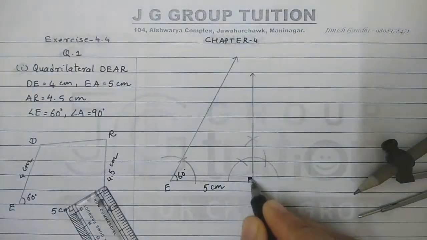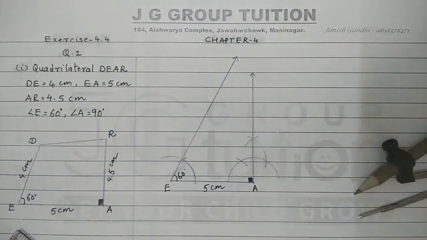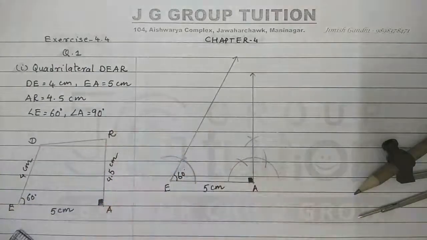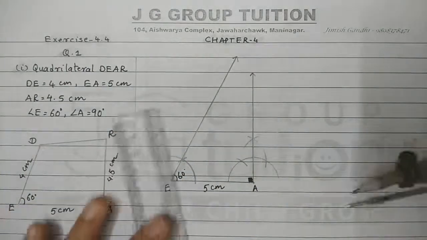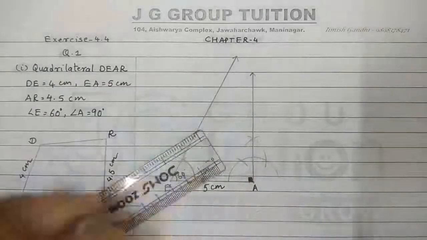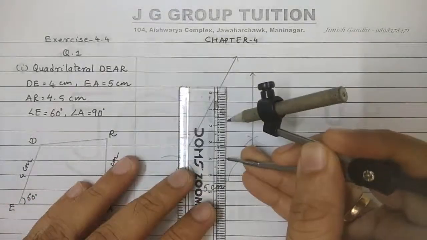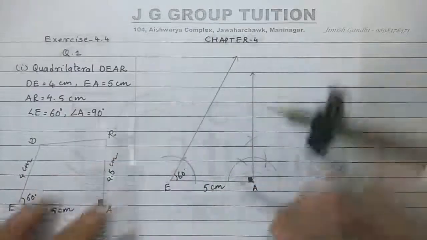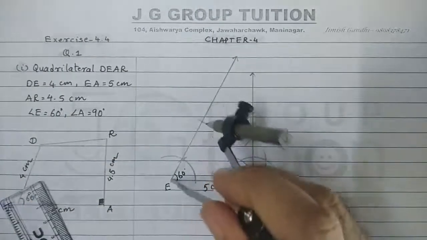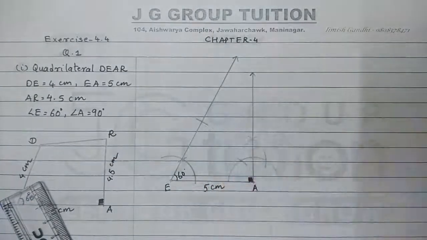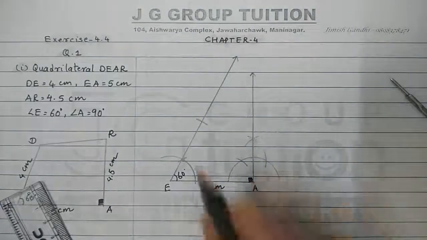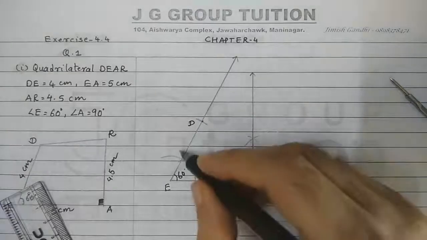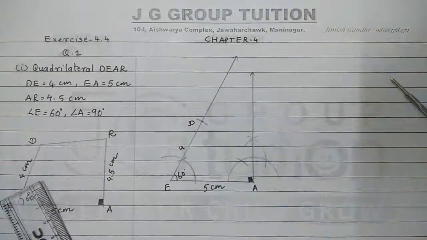That's quite easy. Now how to obtain the rest of the two vertices, D and R. We have the length of ED and AR. So let's obtain point D first, with the length of ED being 4 centimeter. Let's take a radius of 4 centimeter, and from point E we should draw an arc. So this is the point D. It's obviously 4 centimeter as we have taken.